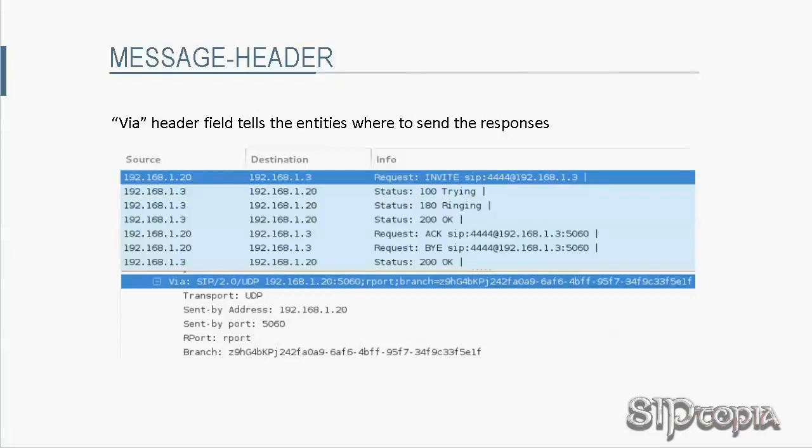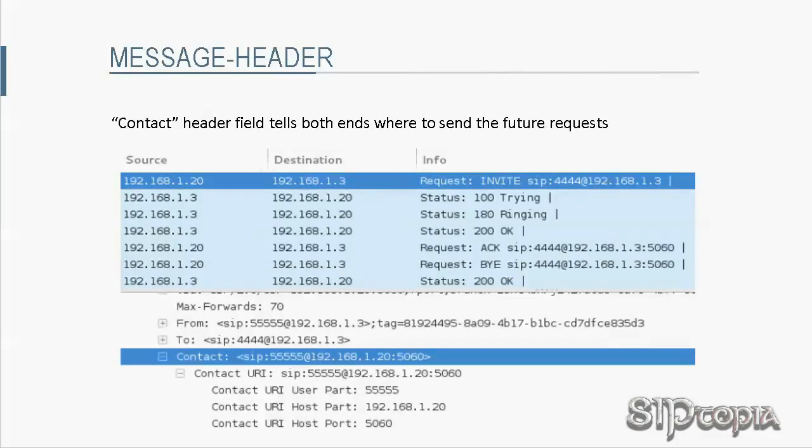I'm going to repeat this. The Via header field tells the entities where to send their responses, while the Contact header field tells both ends of a SIP communication where to send future requests.